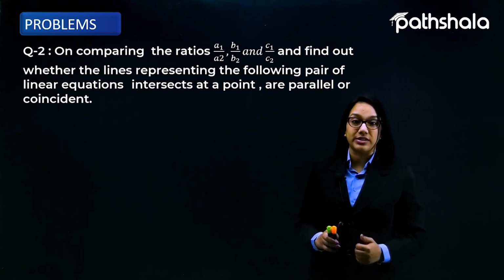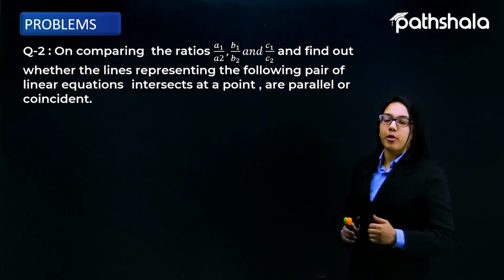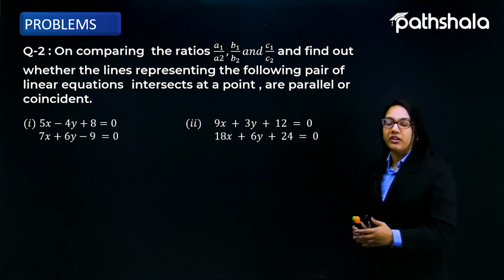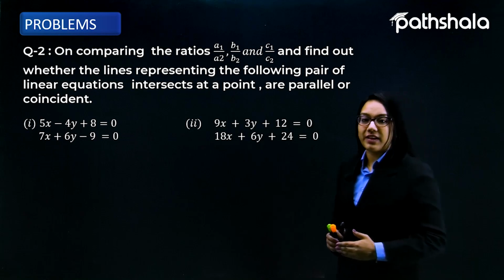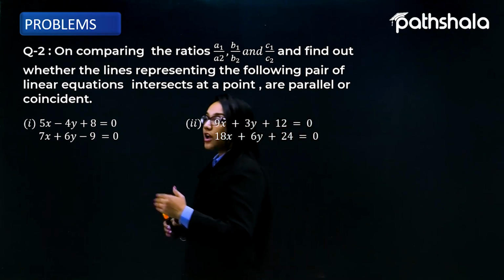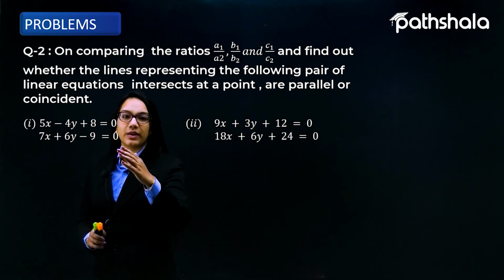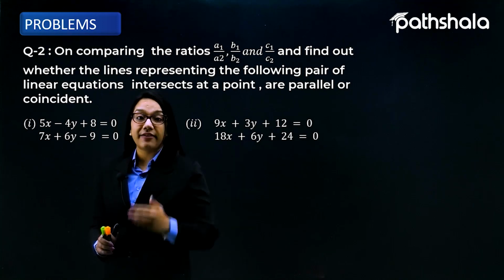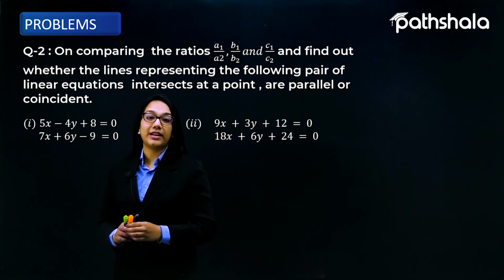We have two parts over here. In the very first part, we have the pair of linear equations 5x minus 4y plus 8 is equal to 0, and the second one is 7x plus 6y minus 9 is equal to 0.